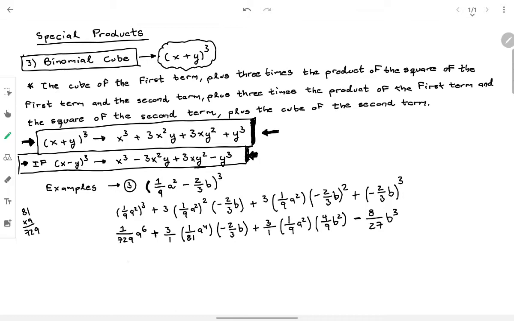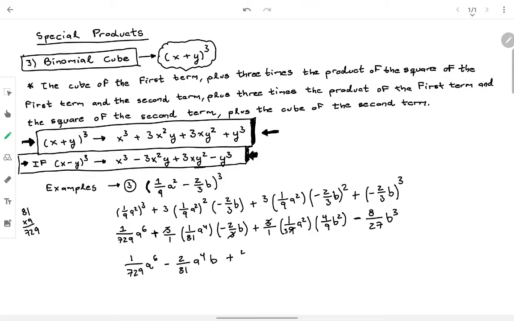So the final answer is going to be 1 over 729, a to the 6. Then we can simplify this 3 with this 3. So it will be minus 2 over 81, a to the 4th b, plus, we can simplify this 3 with this 9 and we will get 3 on the bottom part.